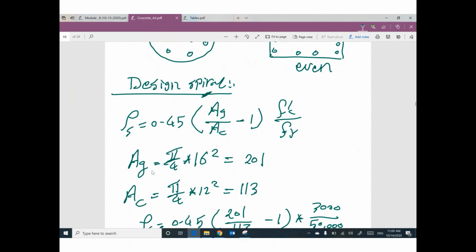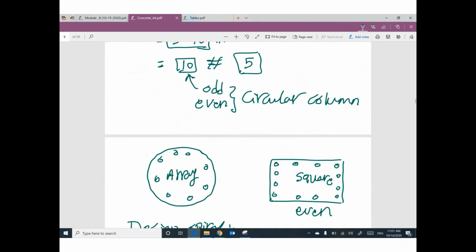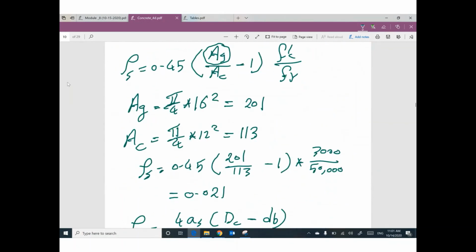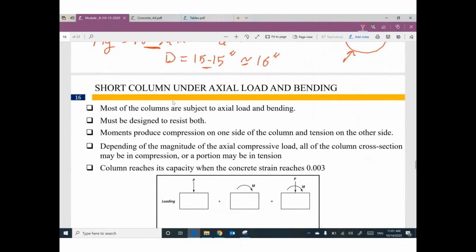But if you start with the spiral, how can I figure out the gross area of the concrete cross section? So you need to design your column first to be able to design the spiral. I'm going to stop here. Designing of a column under the effect of moment and axial force, we will continue on Friday.